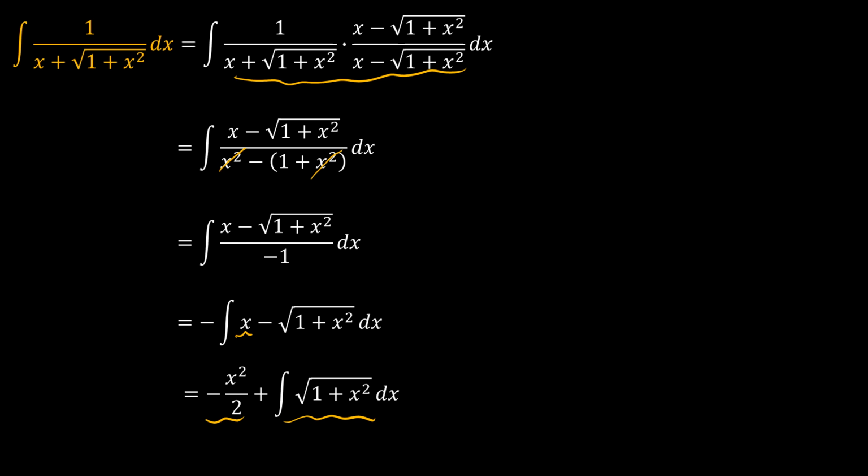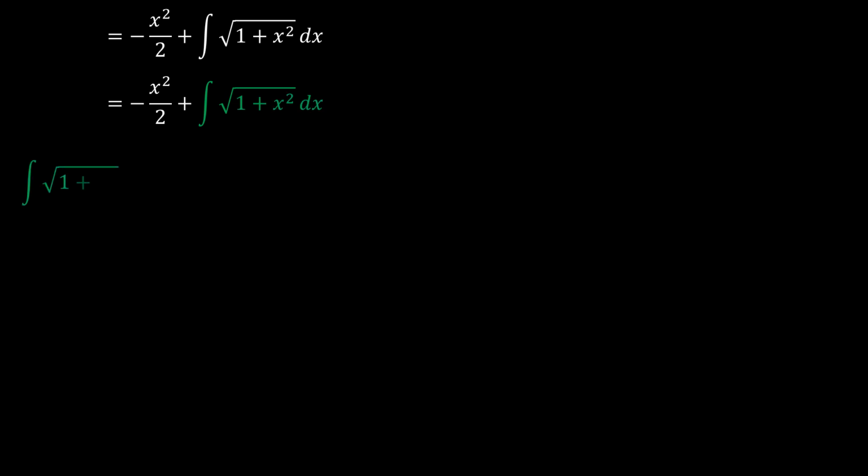Now let's separate and maybe color code that second part of our solution. So the integral of the square root of 1 plus x squared, we could color code it green, and that means that we can now go ahead and see if we could substitute tan u for x.